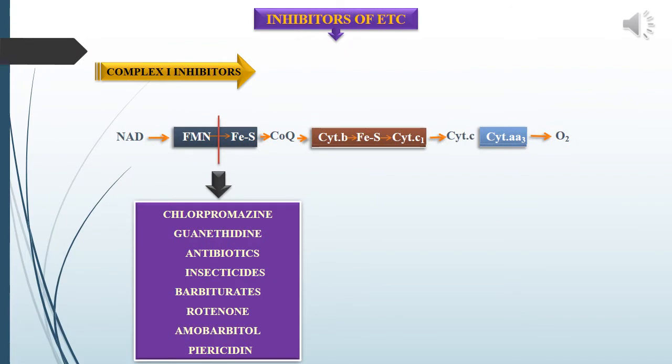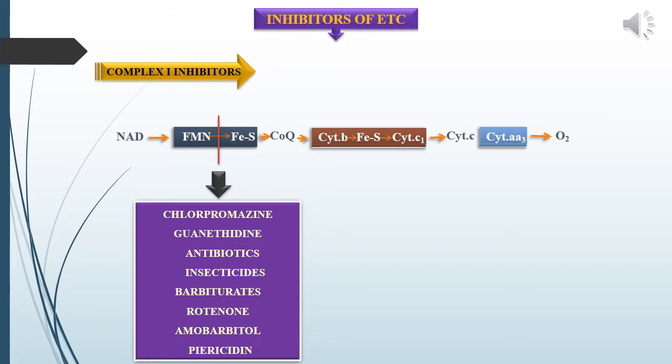Now coming to inhibitors of electron transport chain. Complex 1, the first site in the electron transport chain, is inhibited by chlorpromazine, guanethidine, antibiotic, insecticides, barbiturates, rotenone, amobarbital, piericidin.